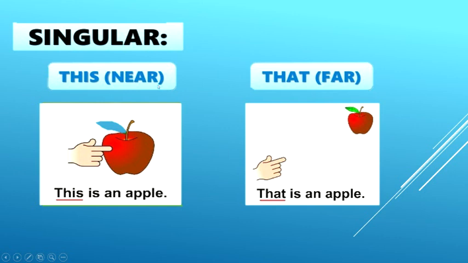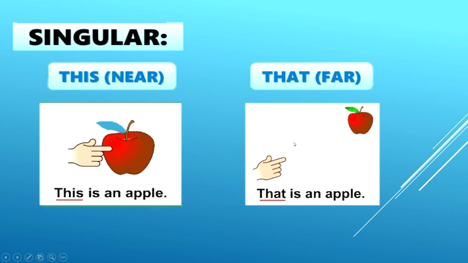You can see in the picture the hand is being pointed at an apple. So the apple is near or close to the hand. That's why we use the word this to show an apple. This is an apple.